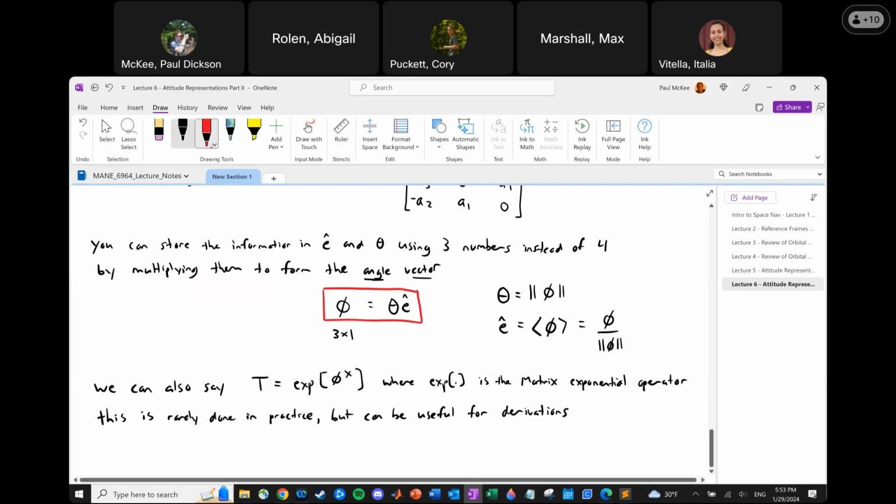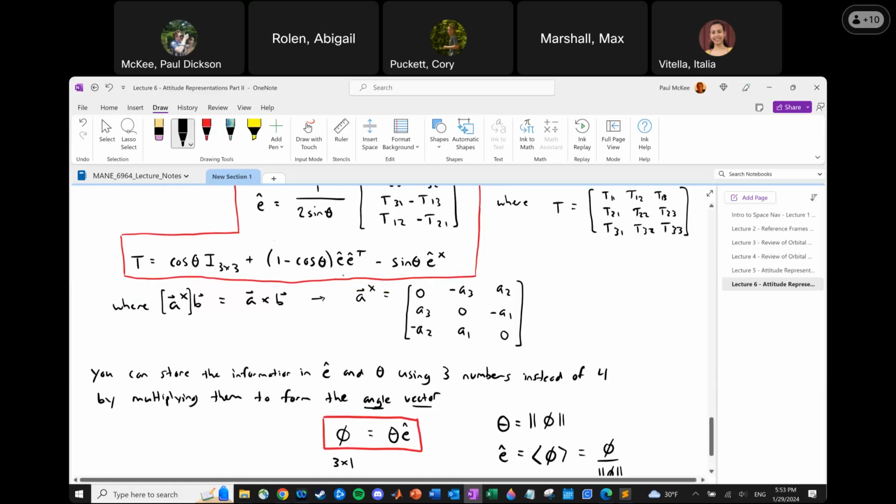So phi is theta times E. Theta is the angle, and E is the axis. E is the pencil that we stabbed through the potato, and then theta is the amount that we twist it with our fingers. And all that information can be stored as an axis and an angle, or as an axis multiplied by an angle. That's basically it. Notice that we drop the little hat. I guess this should really get a vector notation, right?